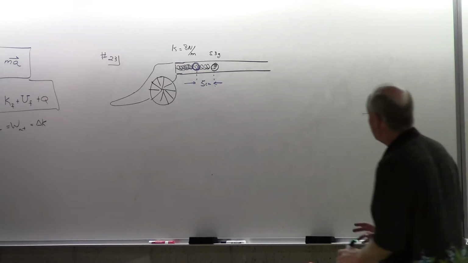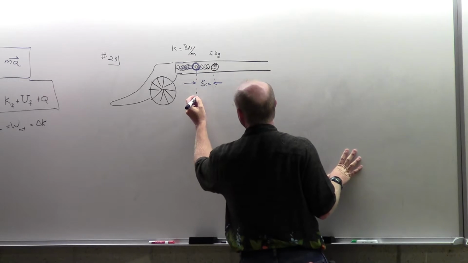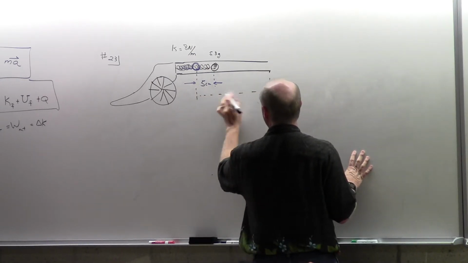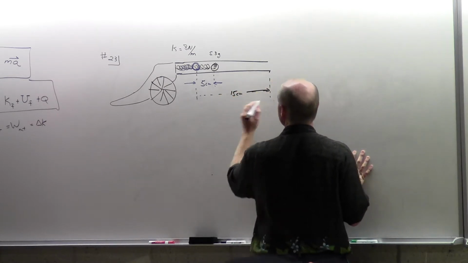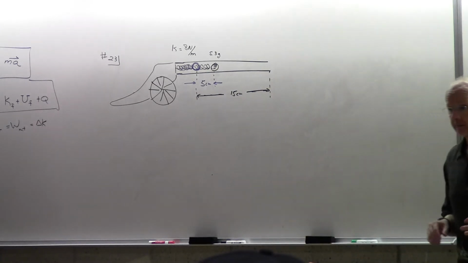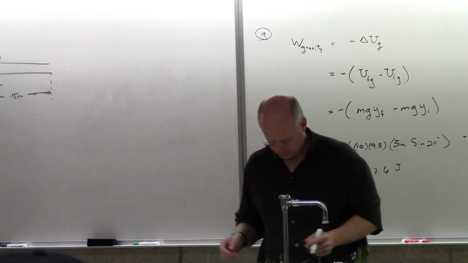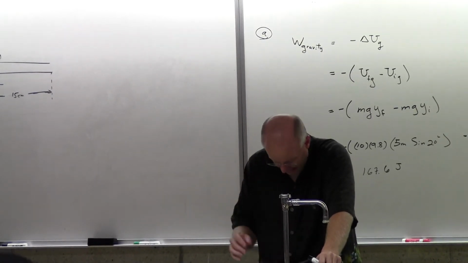All right, so we push the spring back 5, but when we fire this, it moves all the way to the end of the barrel here. And so this is 15 centimeters. Okay, so there's another 10 centimeters, if you will, of barrel after the spring stops contact.